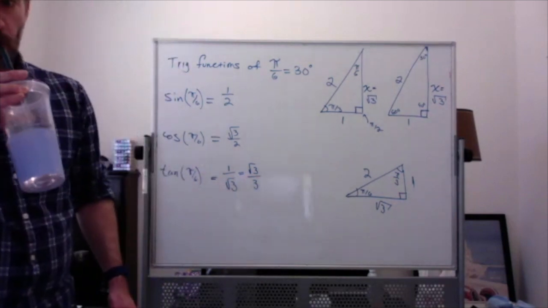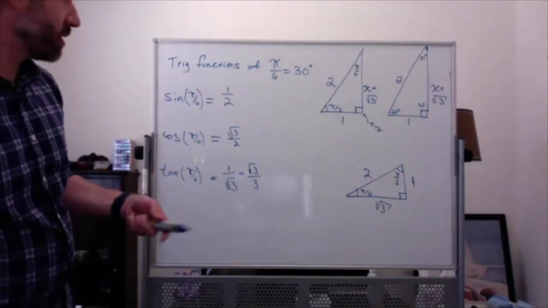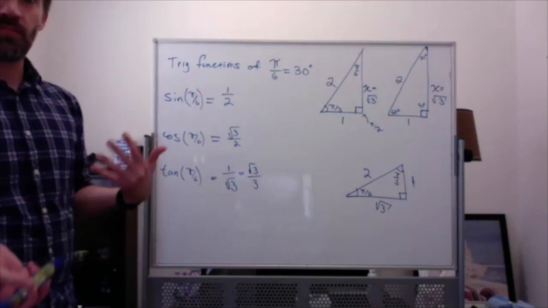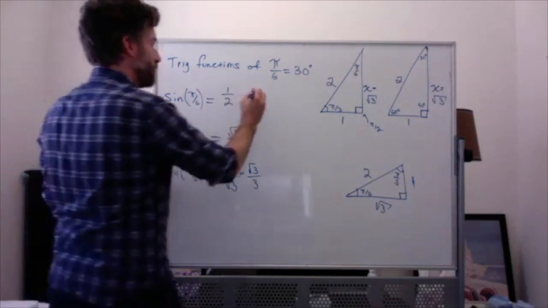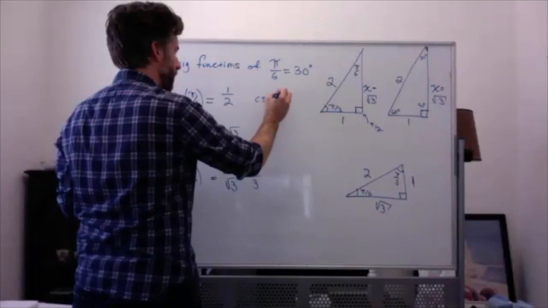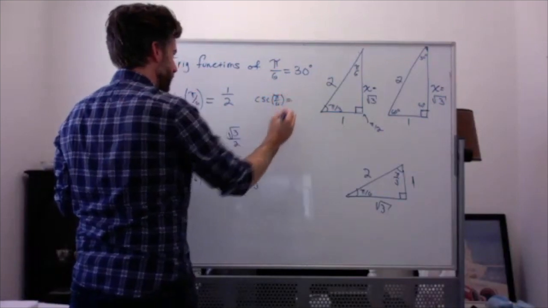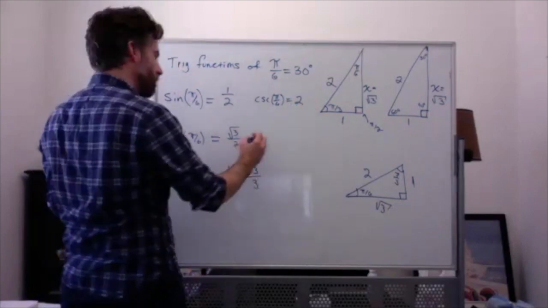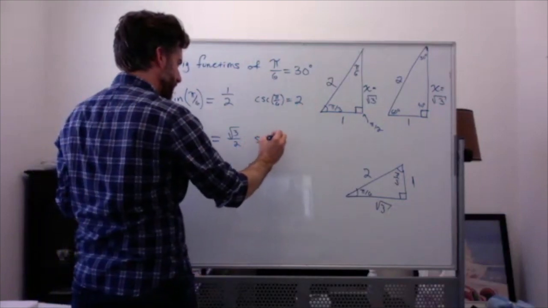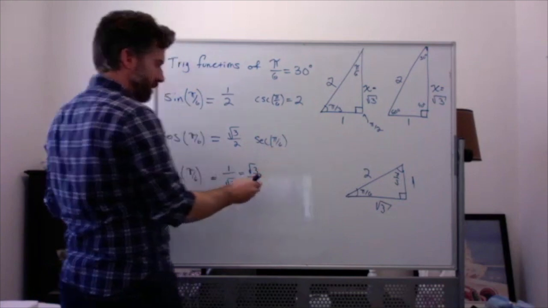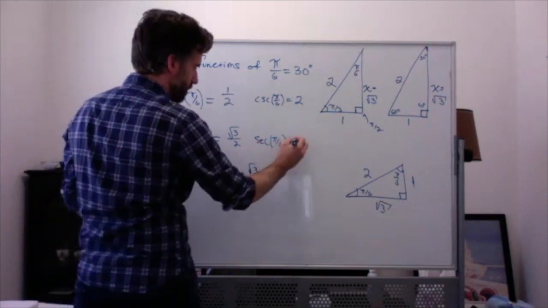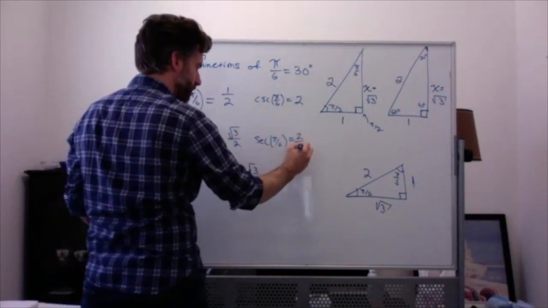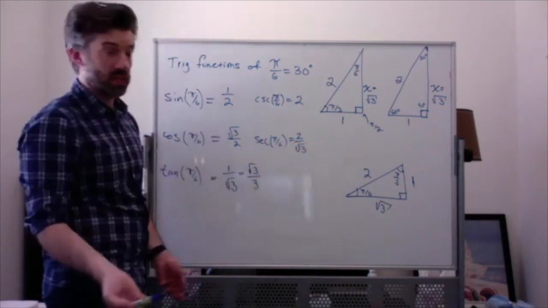So I do those 3 first, and then I find the other 3 by finding the reciprocals. So cosecant of pi over 6 is going to be 2 over 1, which is just 2. Secant of pi over 6 is going to be 2 over root 3, which we should rationalize.